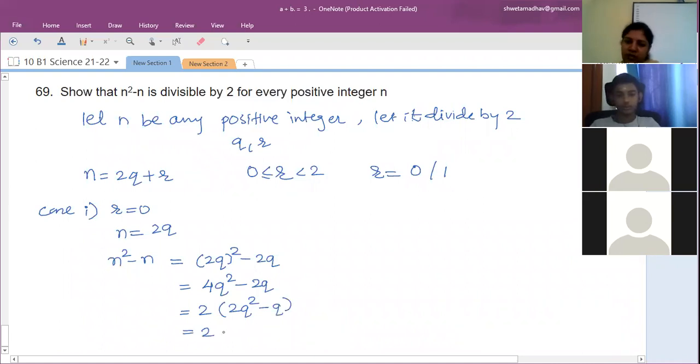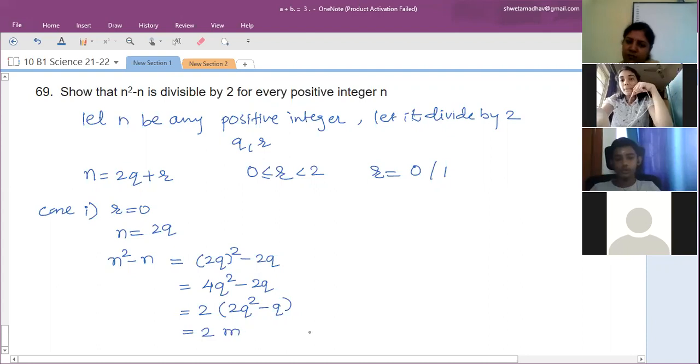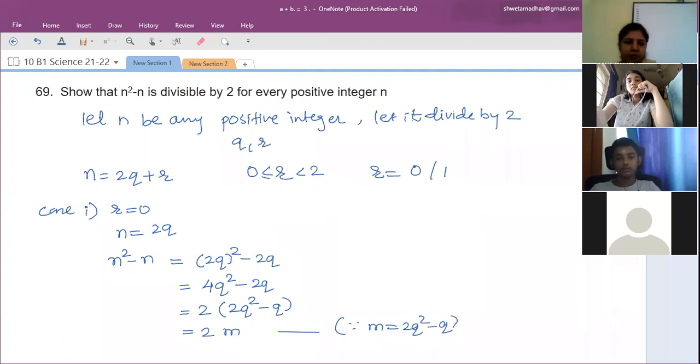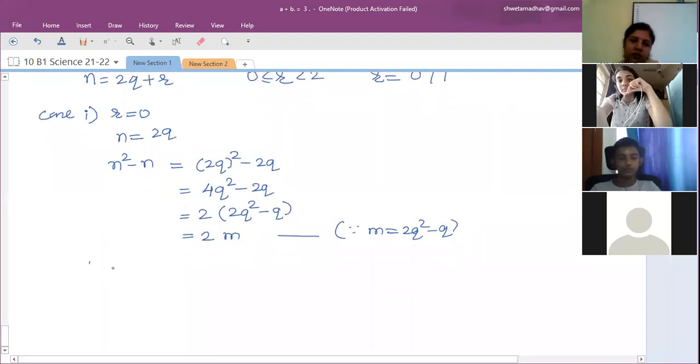So we can write 2m, where m is 2q square minus q, right? Therefore, n square minus n is divisible by 2.